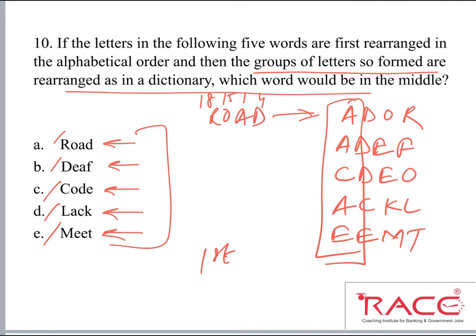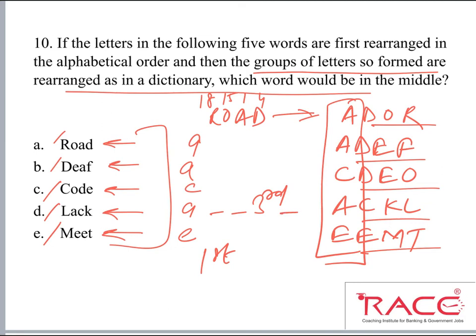In this case, what would be the first letter? A. In this case again A. In this case C. In this case A. In this case E. So all the others are just a waste, because they will not decide the order. Because in the end, after arranging them, we have to find the middle value. Middle means third. 1, 2, 3, 4, 5. So we will just find out the first letter in each option.